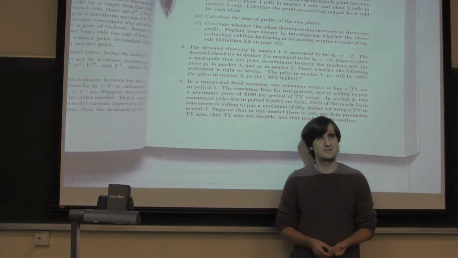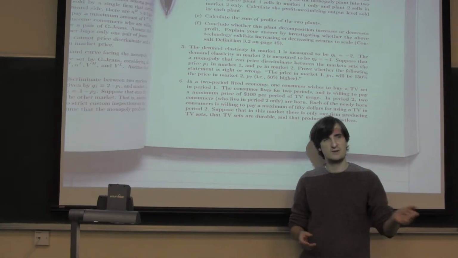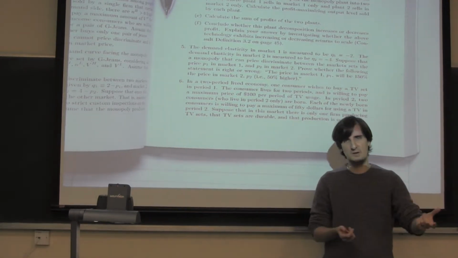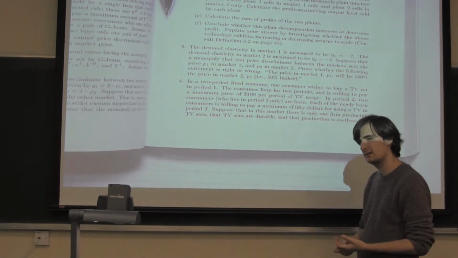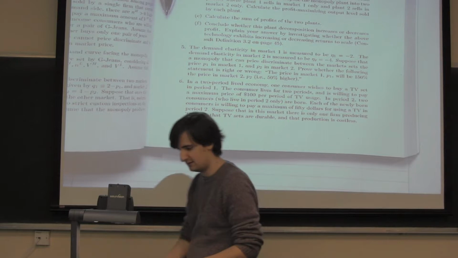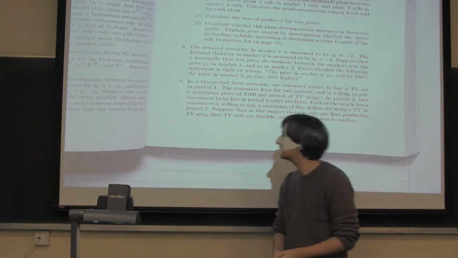What price would they want to charge in period 2? Remember when you start with these games, we always start at the last period and work backwards. So that's why we start at period 2. Well, maybe it's not obvious, but how are we going to work it out?